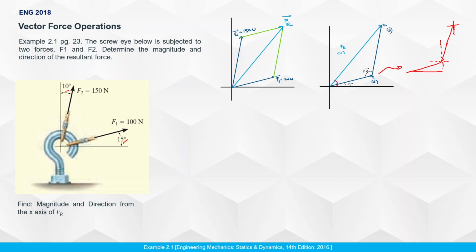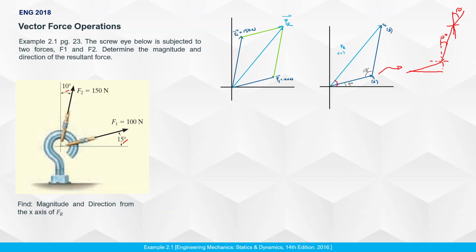Let's start with the 10 degrees. We know very well that this is 10 degrees, based on this angle, if you extend it all the way down. Because when you extend it here, this is also 10 degrees, same as this given here. So you put 10 degrees here.